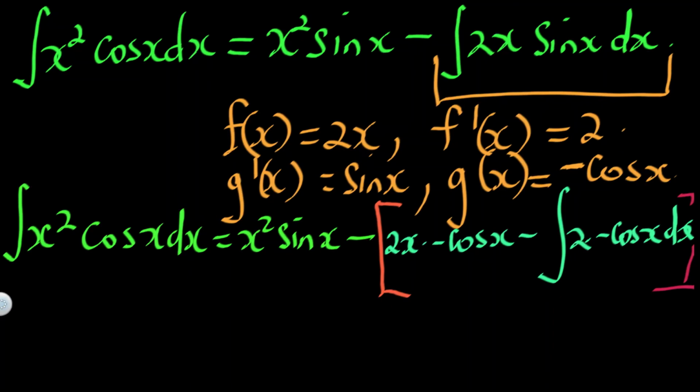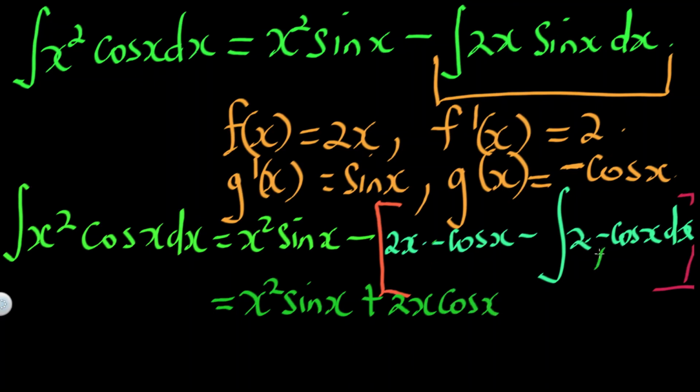Let me simplify this, which means just removing the brackets here. This now is x squared sine x. There is a minus here and a minus outside, so it's going to be plus 2x cos x.